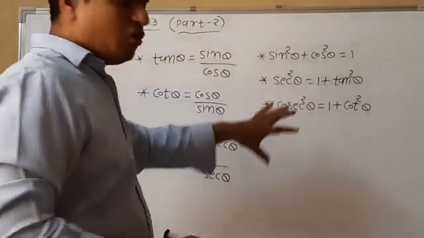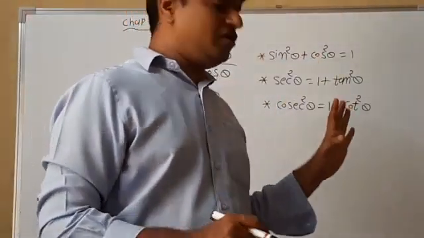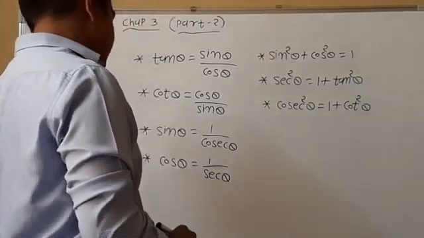Okay, now relating all these identities and quadrants, let's discuss some examples.